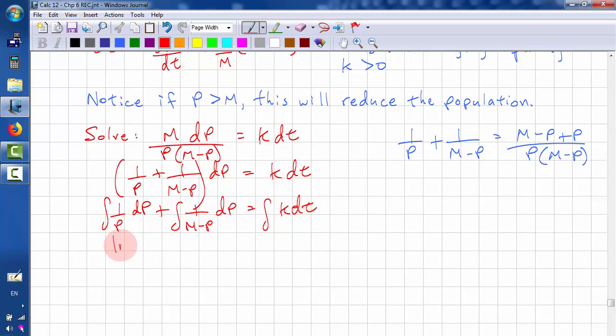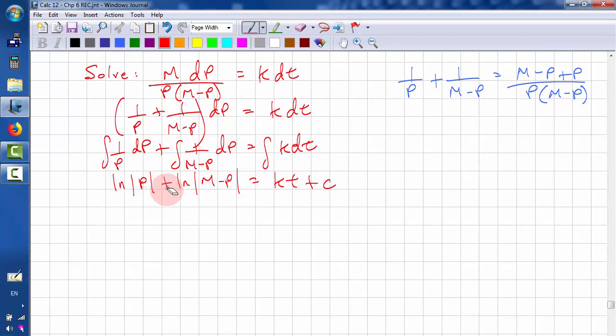So we have ln absolute value of P plus ln absolute value of M minus P equals kt plus constant. Sorry, this is a minus. This minus means we divide our two parameters. So we have ln absolute value of P divided by (M minus P) equals kt plus C. Nothing changes on the right-hand side.